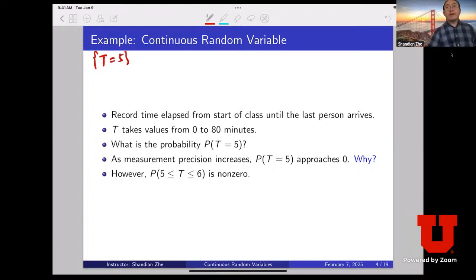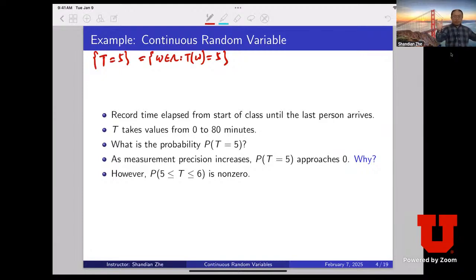This event actually means the set that contains every outcome in the sample space at which the random variable evaluated at this outcome is 5. So it's basically just a subset of the image.